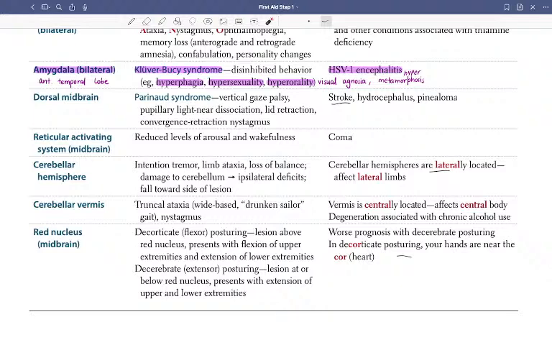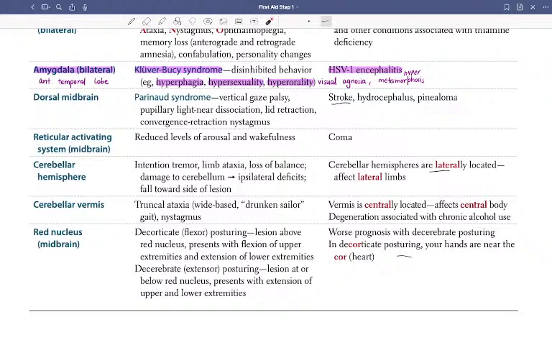So pinealoblastoma, this is what you have, Parinaud syndrome, pinealoblastoma and pineal germinoma. There's central calcification in one, and in pinealoblastoma there's peripheral calcification. So vertical gaze palsy is due to the dorsal midbrain, the superior colliculus. So that's what we have. It happens in pinealoma.